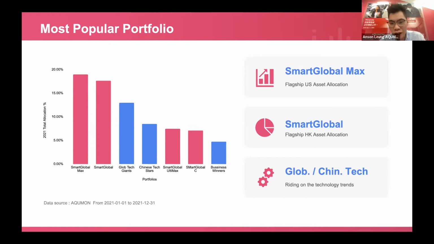So when we speak to the thematic portfolio, we can see that the best portfolio are, of course, the tech portfolio. Both the global tech giants and the Chinese tech star portfolio have been really popular over the past years. And right now, they are still the most popular thematic portfolio on our platform.